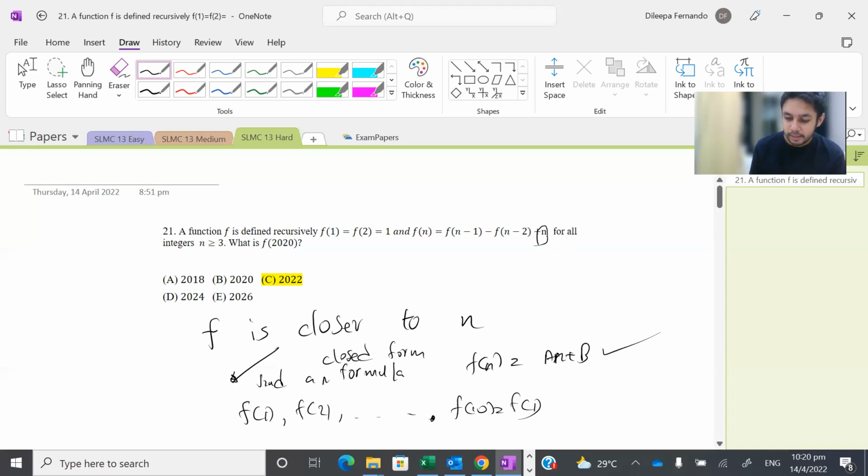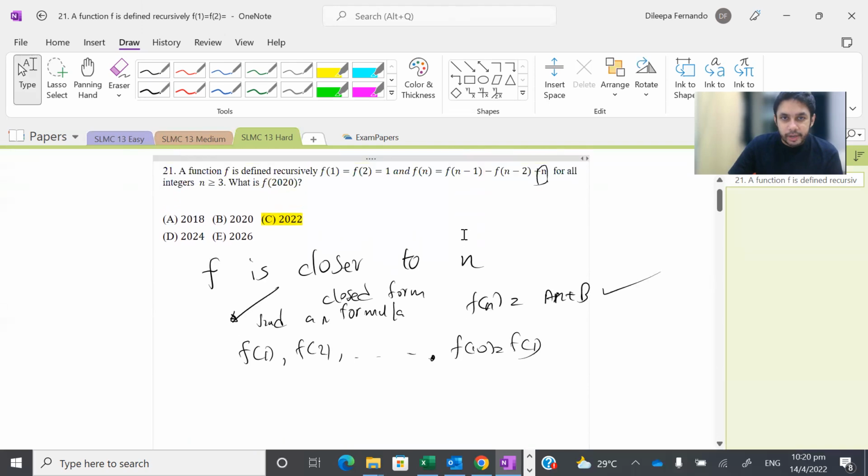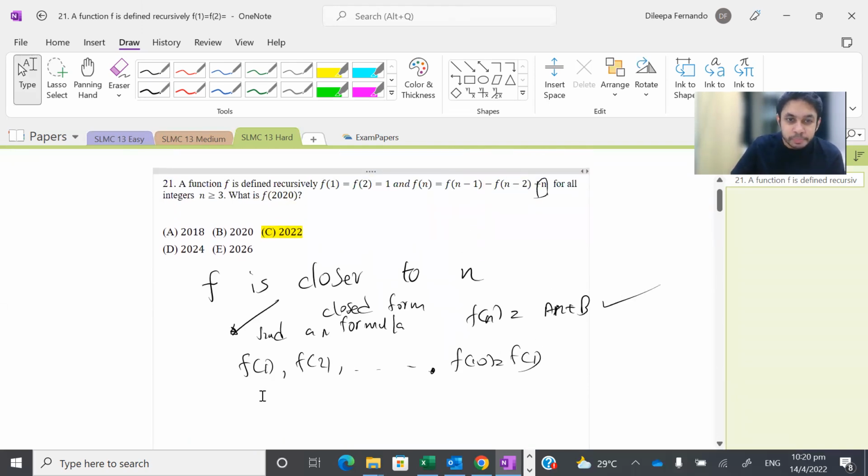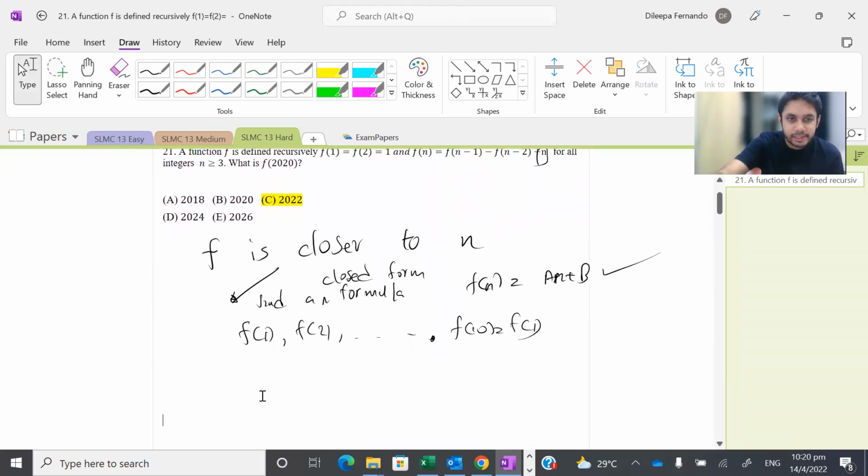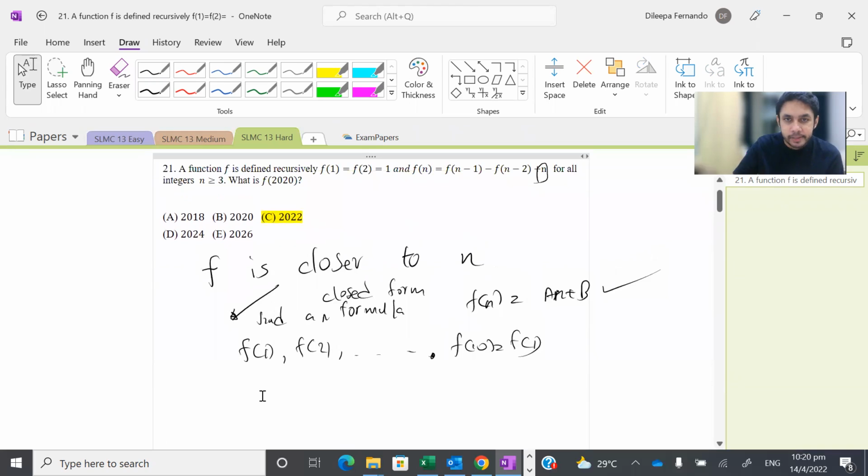Yeah, this part of n. If you are going to write these function values in terms of n, you can see the periodicity, this is not really periodic.